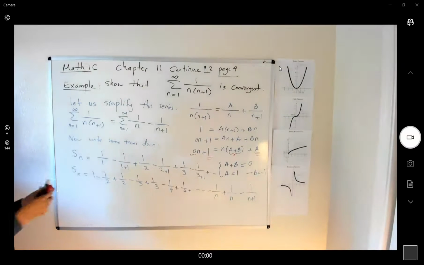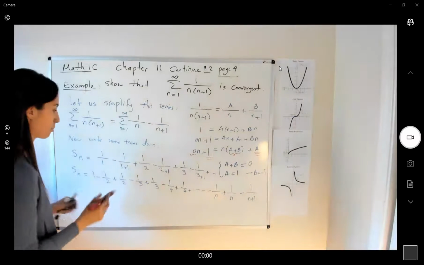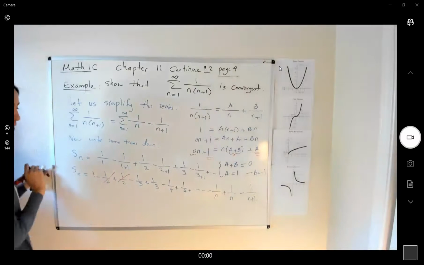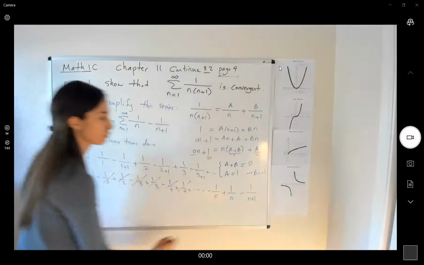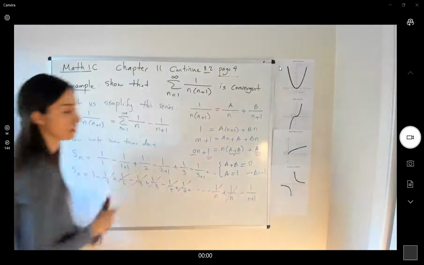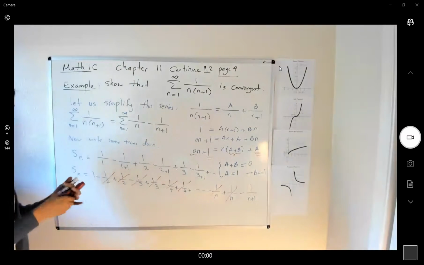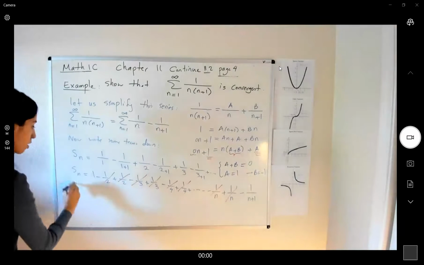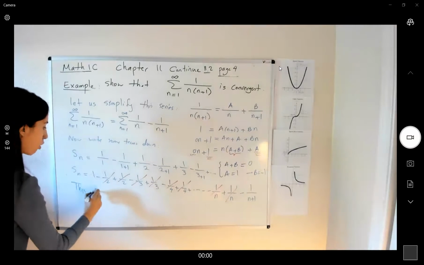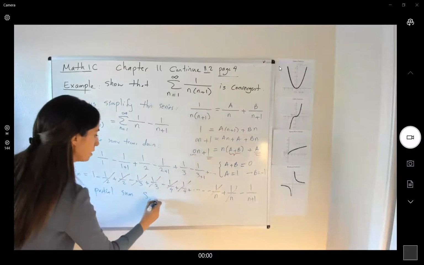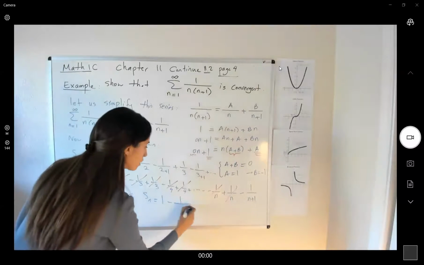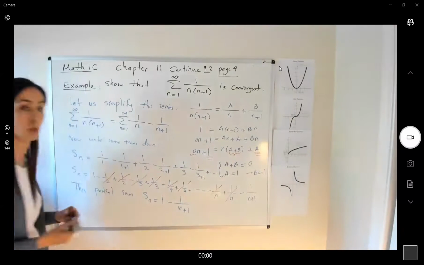As you can see, you have opposite numbers: a half, negative a half; a third, negative a third; a fourth, negative a fourth; 1 over n, negative 1 over n. What's left? This partial sum Sn is 1 minus 1 over n plus 1.